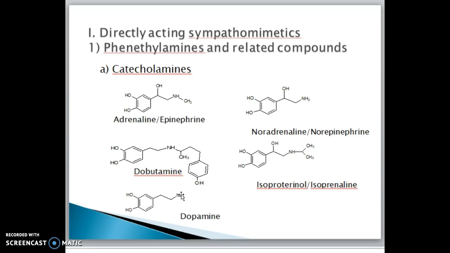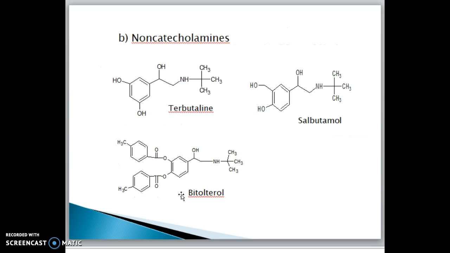Now we have seen catecholamines under phenylethylamines and their related compounds. Moving on to non-catecholamines, these structures are devoid of the catechol ring, but still consist of a phenyl ring, an ethyl chain and then an amine group.